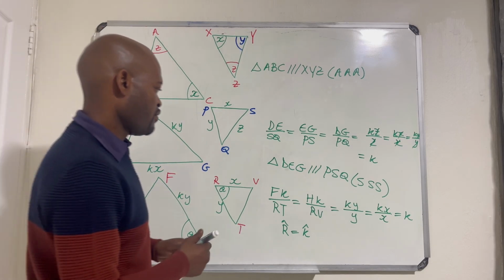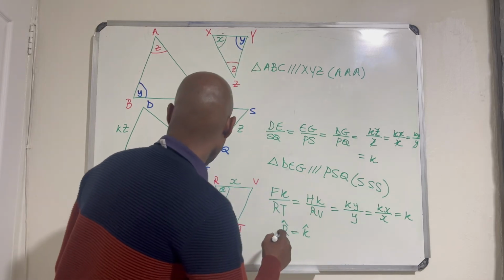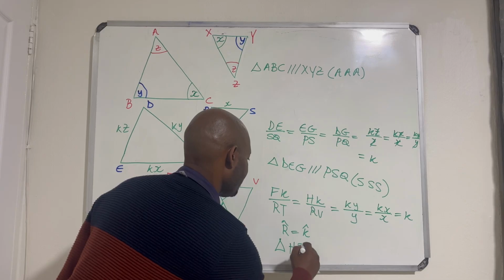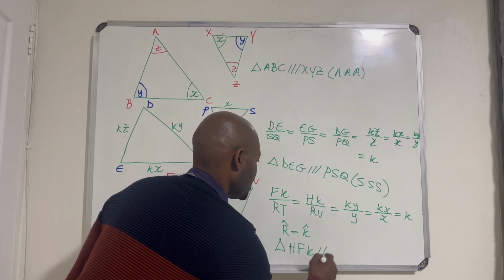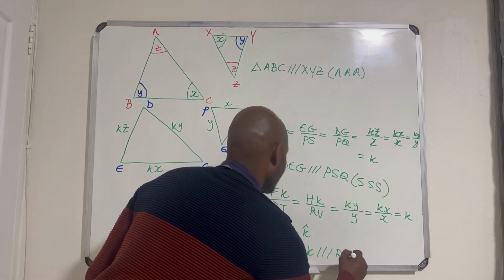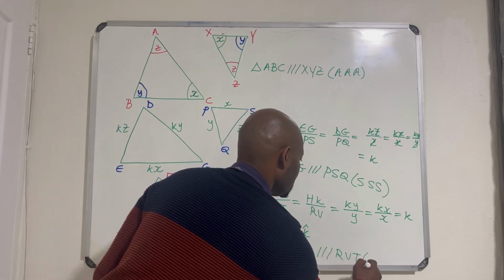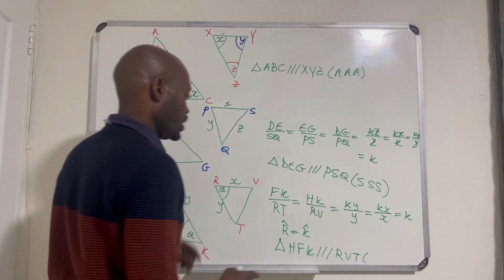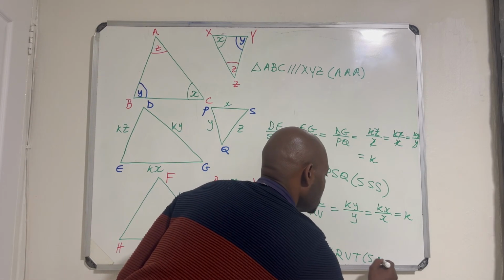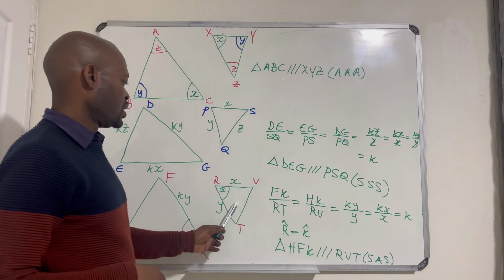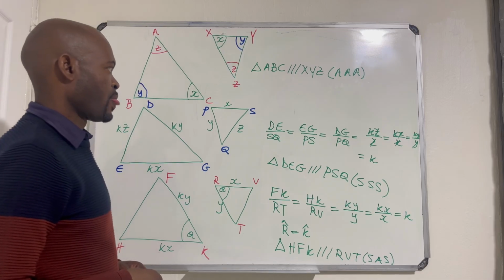Obviously here we say that triangle HFK is similar to triangle RVT, knowing that we have side, angle, side as well here. That is the reason why we are saying that these two are similar.